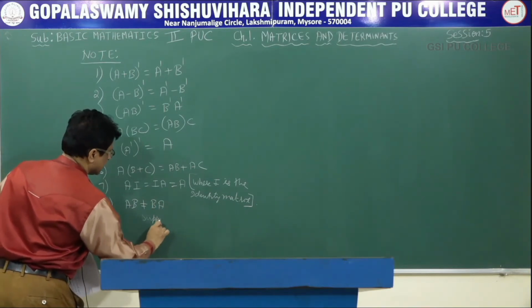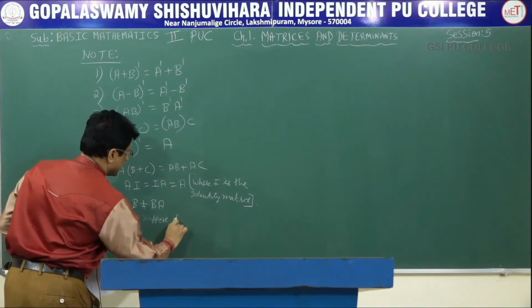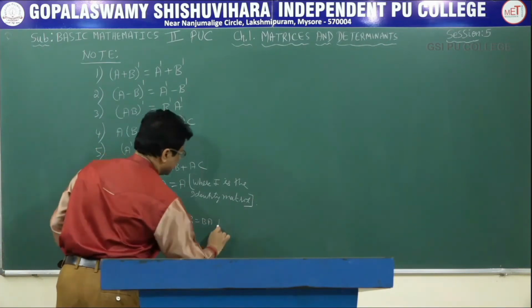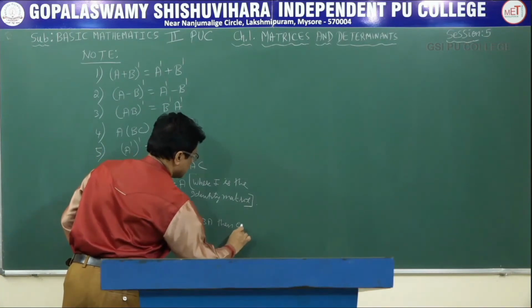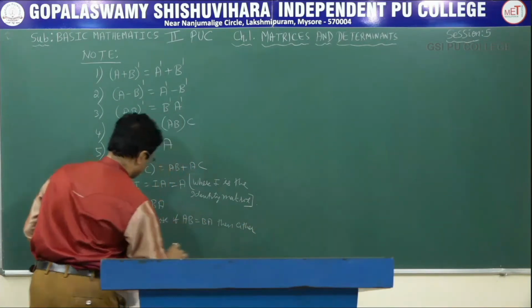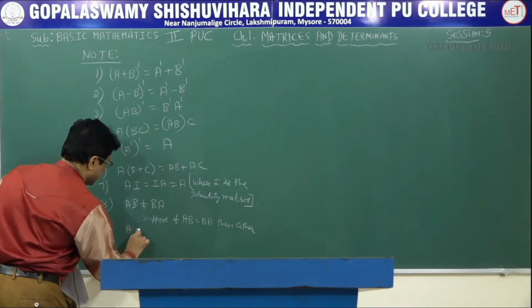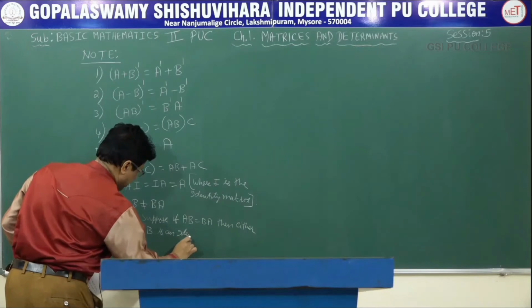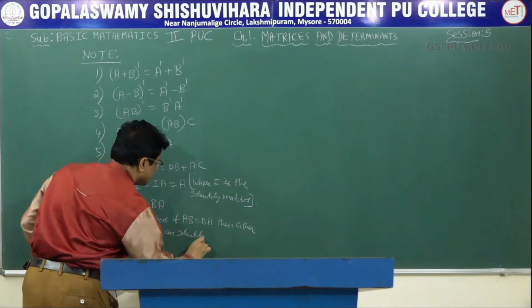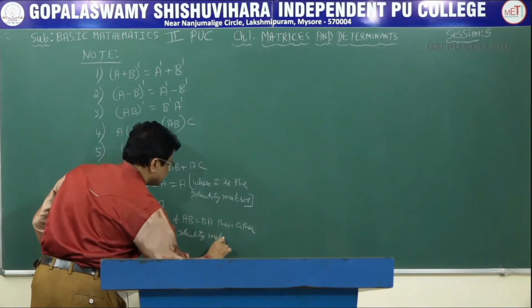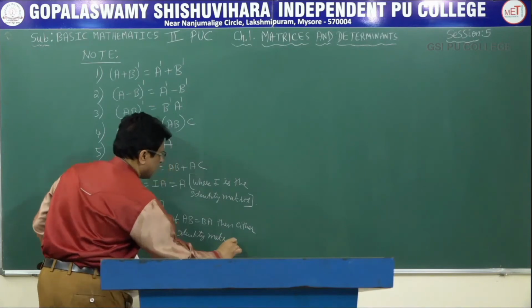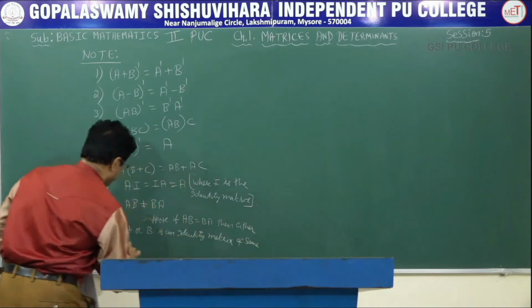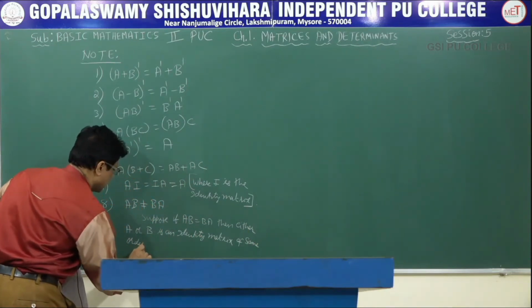Suppose if AB is equal to BA, then either A or B is an identity matrix of same order.